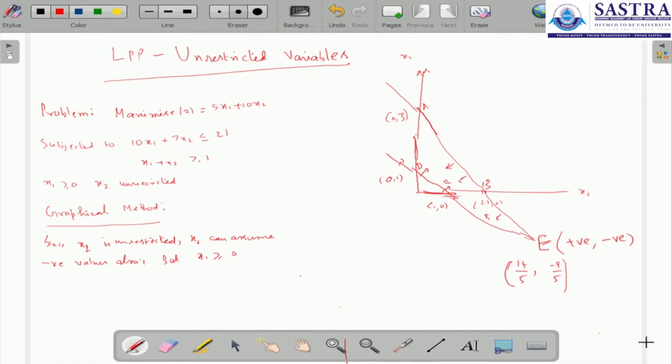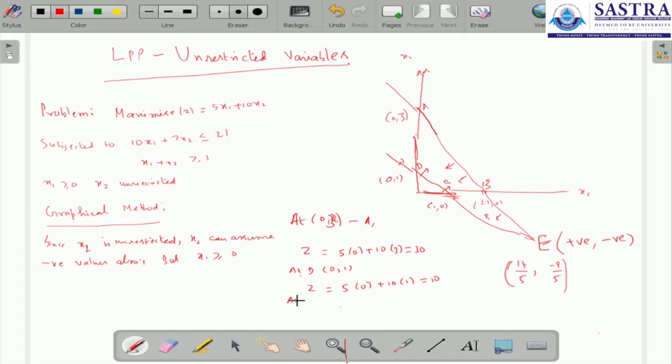So, naturally, through the graphical method, at 0, 3, that is the point A, the value of Z is 5 multiplied by 0 plus 10 multiplied by 3, and the answer becomes 30. What happens at the point D? The point is 0, 1, so Z is 5 times the x1 value 0 plus 10 times the x2 value 1, and the answer becomes 10.